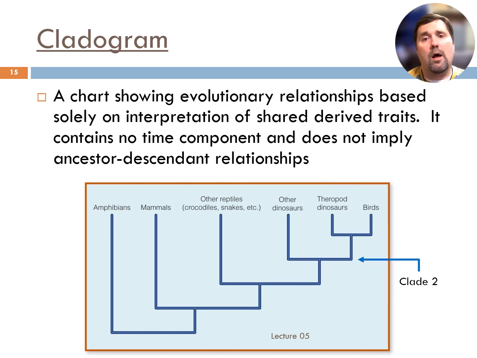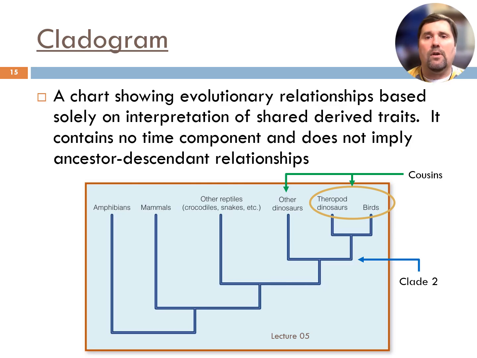Meanwhile, the theropod bird clade and the other dinosaurs both belong to the same larger clade one step farther down the cladogram. But in this case, the theropod bird group is more like a cousin to the other dinosaur group. The cladogram itself doesn't give us the information necessary to differentiate between the ancestor-descendant relationship and the cousin relationship. All cladistics does is show relatedness.